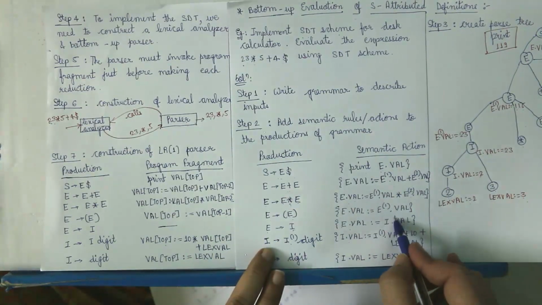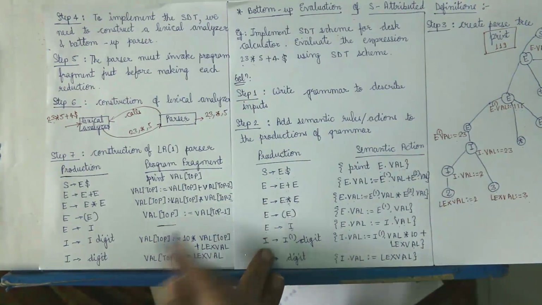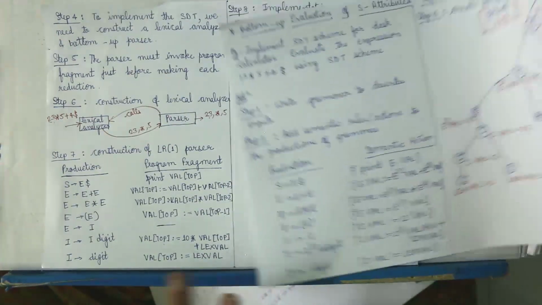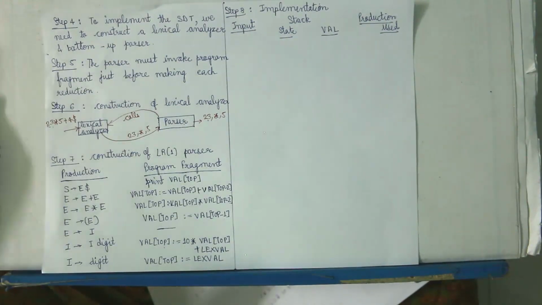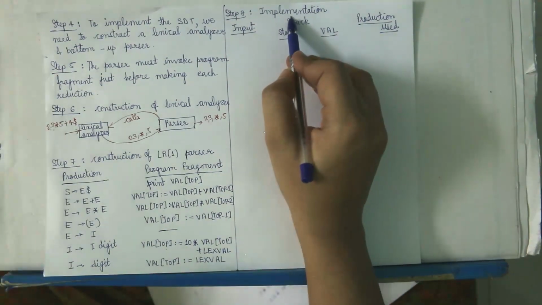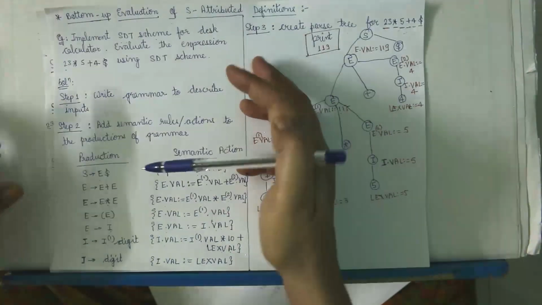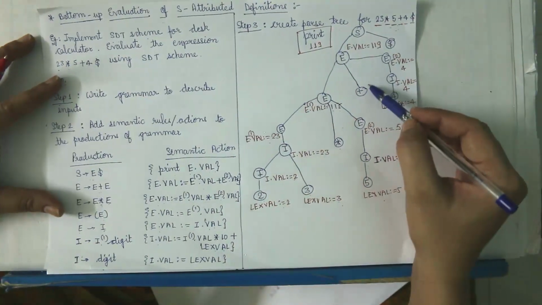Now let's try to implement this program fragment, which is a similar way of implementing the semantic action. You can say this is a more abstract way, and this is the programmatic way of implementing the same logic. Once we have written these program fragments, we'll implement the same with the help of a stack. In the earlier example, we wrote semantic actions and created the parse tree.